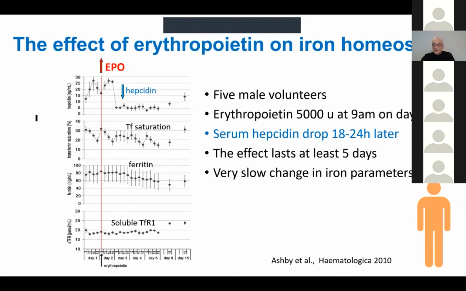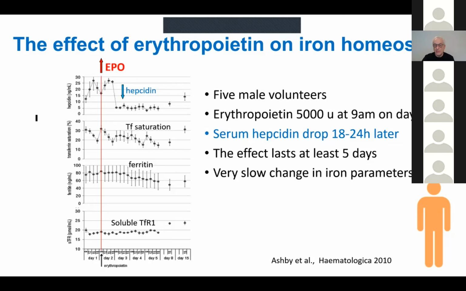Okay, so the erythropoietin elicits a drop in hepcidin, and that drop in hepcidin takes place less than 24 hours after the rise in erythropoietin. And it is not preceded by a significant change in any of the iron parameters.